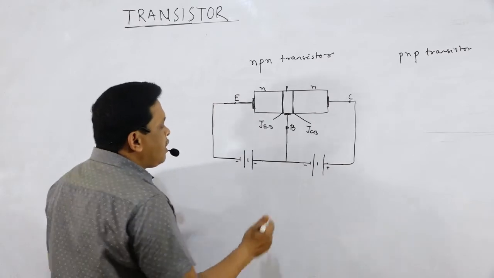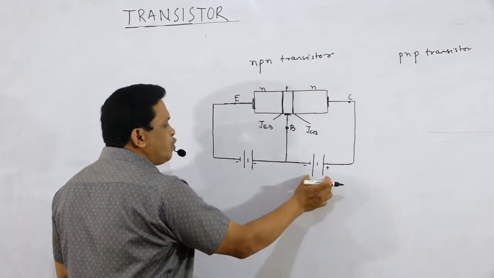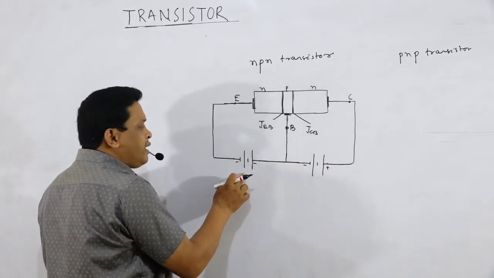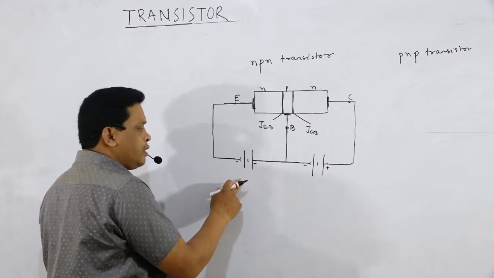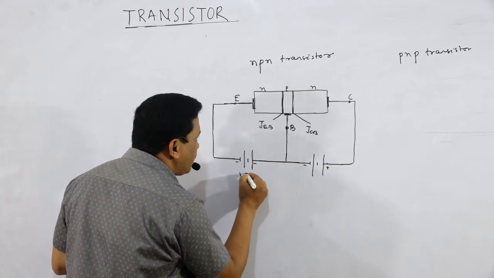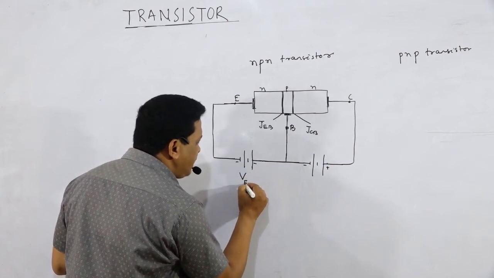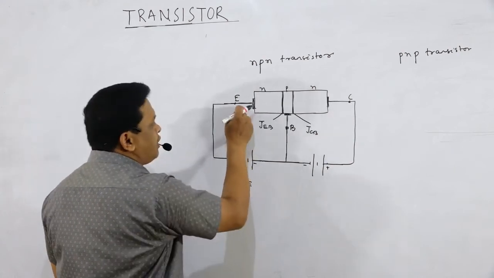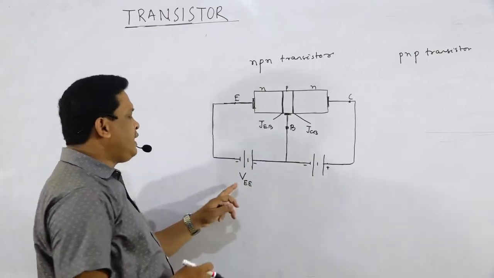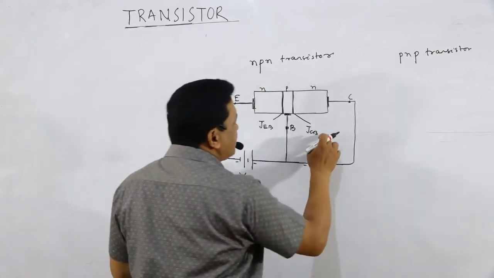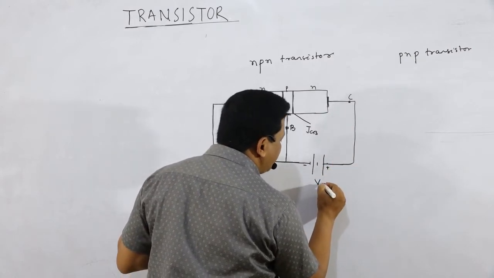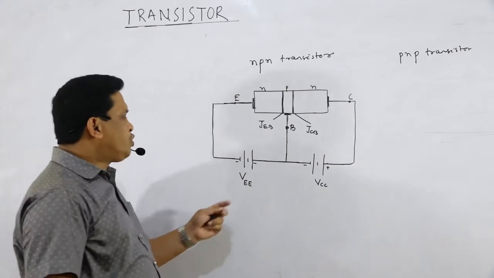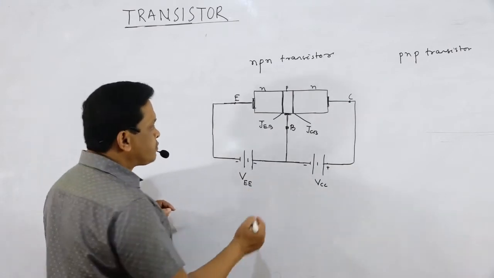So here we have used two batteries. One battery is forward biasing the input PN junction. So I mark this battery as VEE because this is connected with the emitter. And this is connected with the collector. Its name is like this, VCC. So two batteries we have used.